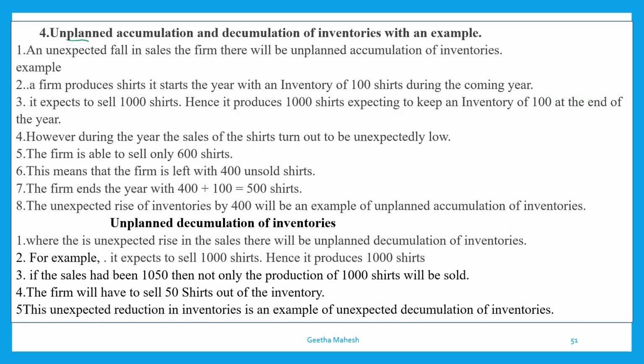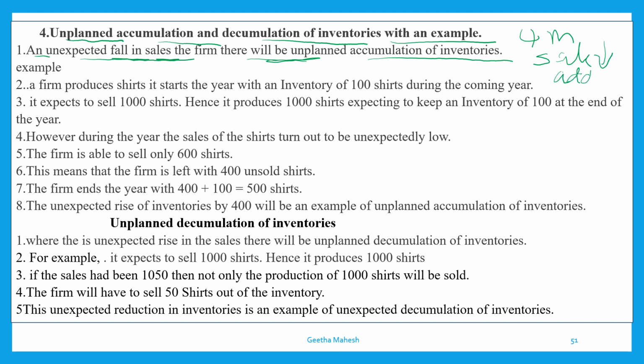Let us discuss unplanned accumulation and decumulation of inventory with an example, which is again important for 4 marks. With an unexpected fall in sales, there will be unplanned accumulation of inventory. If sales decrease, then we need to add the left out unsold shirts into the inventory.